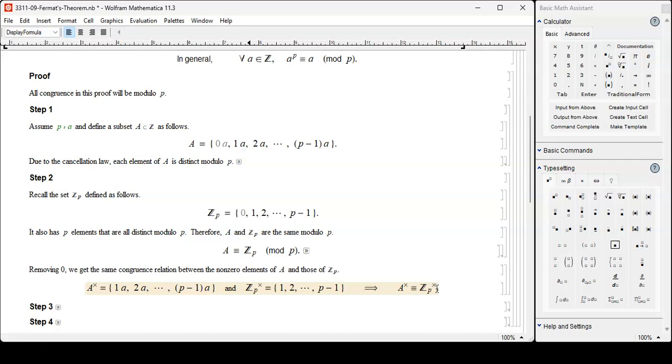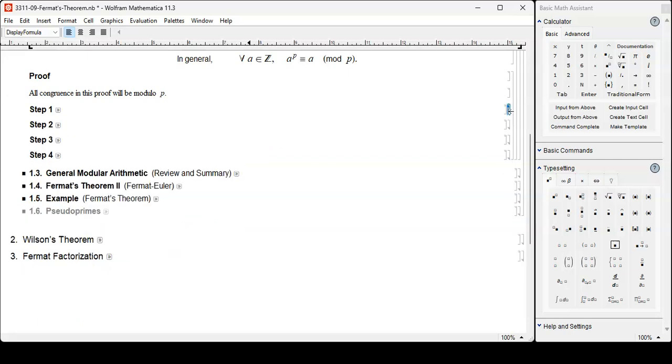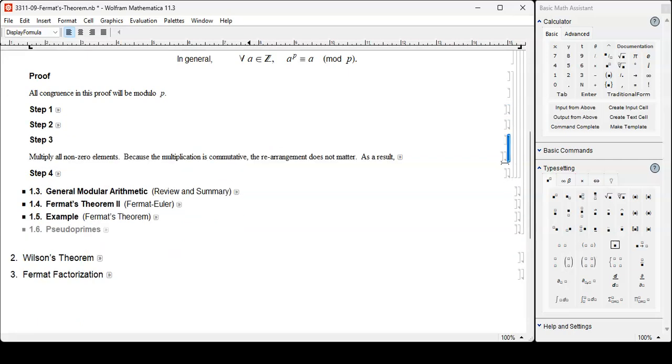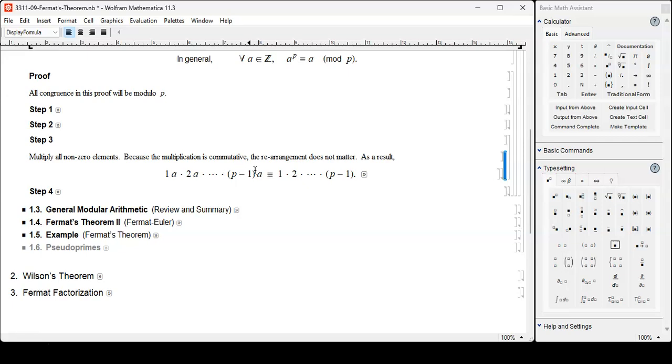All right, so we have all the preparations done for our main step. So the non-zero elements of A and the non-zero elements of Zp are all congruent to each other, but the order may be all jumbled up. How do you get over that jumbled up order? One way to do that is to multiply them all. Multiplication is commutative.